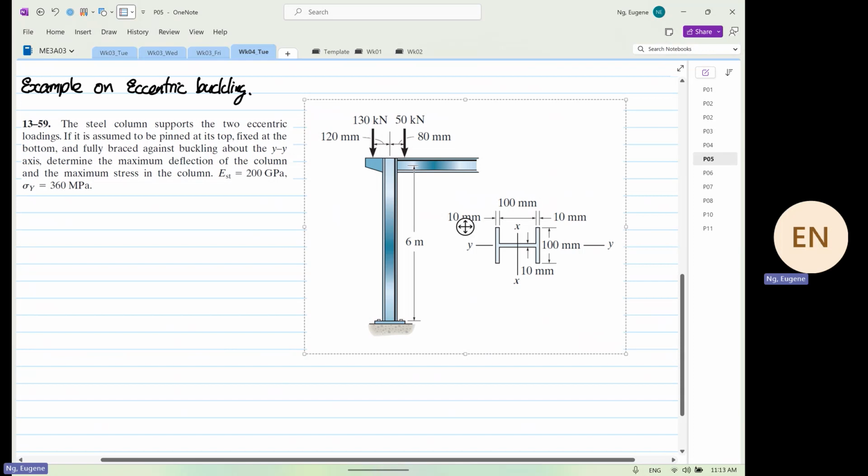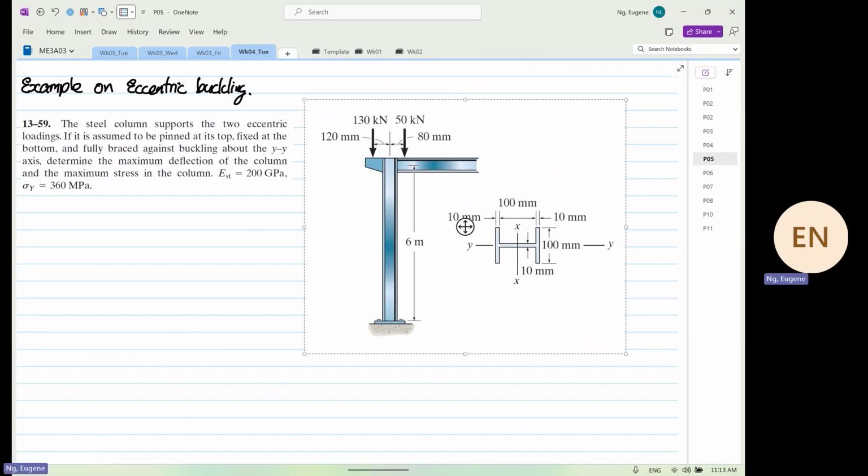Now, this question entails eccentric buckling, okay? The steel column supports two eccentric loadings. It is assumed to be pinned at its top, right? So we know over here when it's pinned, moment is equal to 0.